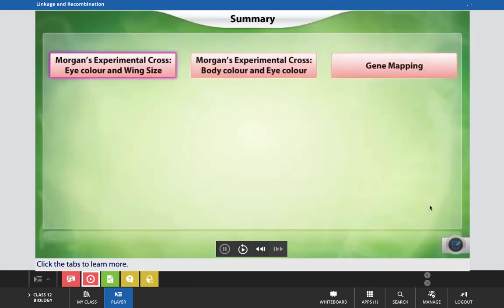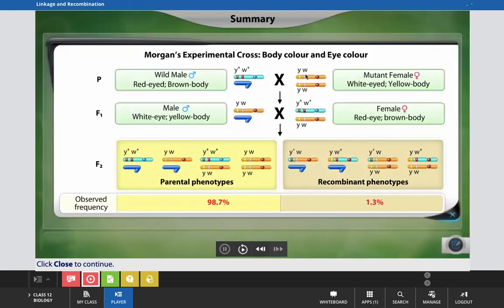And in Morgan's experimental cross of body color and eye color, the results are shown in this chart. Here, 99% parental phenotypes and 1% recombinant phenotypes were observed in that case.